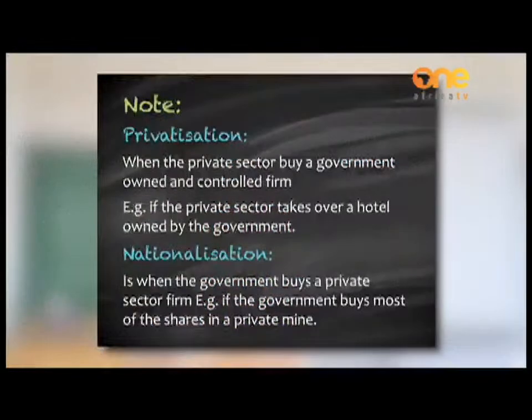In a case like that, the government decides, let us rather sell it to the private sector, because if a private person is in charge of this, the chance is that it will become a more profitable business. And then it is to the advantage of the economy, because on the profits a private person must pay tax.